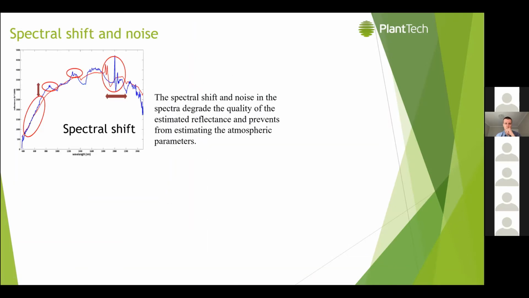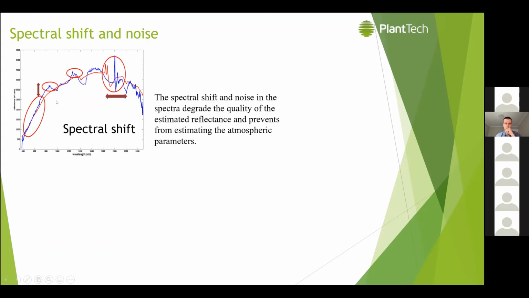Coming to the spectral shift, what is spectral shift? When the sensor moves to field conditions, there are several changes that happen in the sensor. Small shifts of the central wavelength of the channels located in the atmospheric absorption regions will lead to errors in the surface reflectance. Usually, they are perceptible in the radiance images recorded at the sensor aperture by the appearance of spikes and dips in the spectrum.